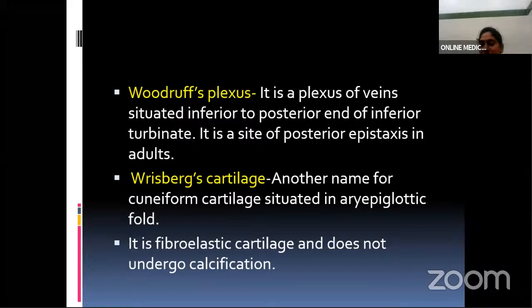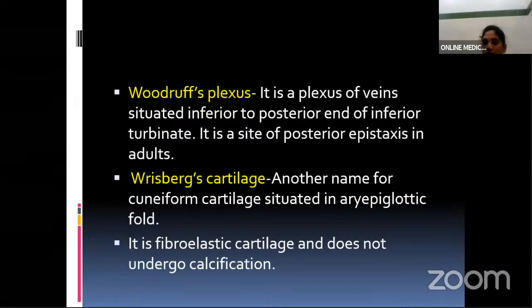What are the three cartilages which are present one by one there in the aryepiglottic fold? Sindhuja. Unmute yourself. What are the cartilages present in the aryepiglottic fold? Just I told you. Sindhuja, tell the name.